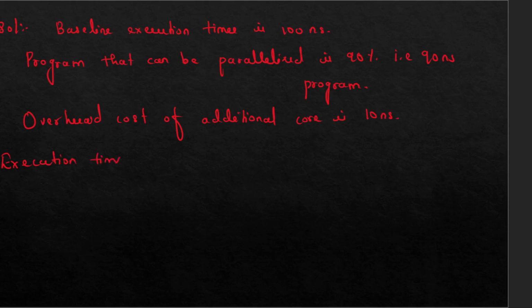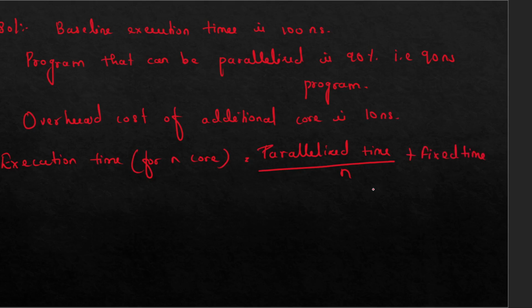Now the execution time for n cores equals parallelized time by n plus fixed time plus overhead time into (n minus 1).